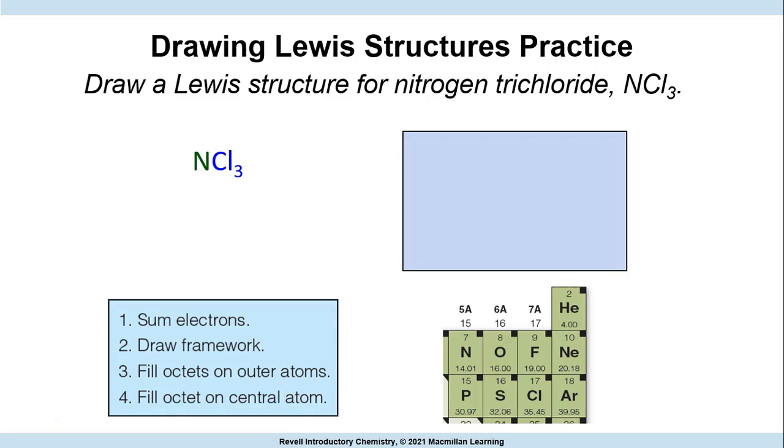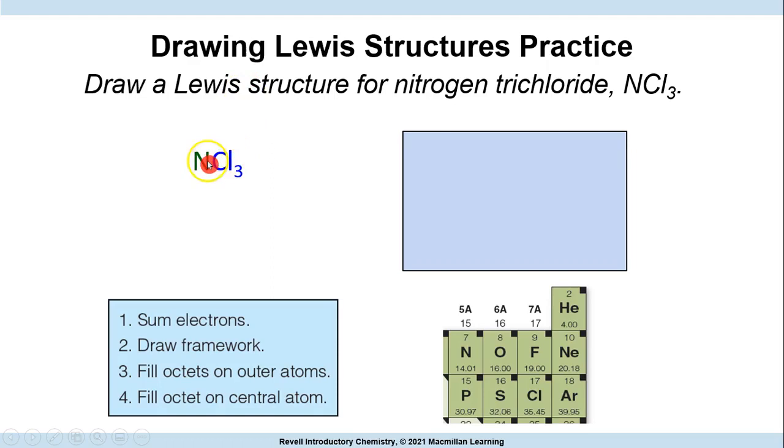Now, let's look at an example. Draw the Lewis structure for nitrogen trichloride, NCl3. We know how to write the formula of nitrogen trichloride because we've looked at that. The second thing is we know the number of valence electrons in each of these atoms.